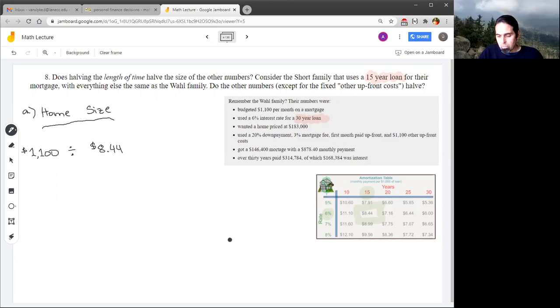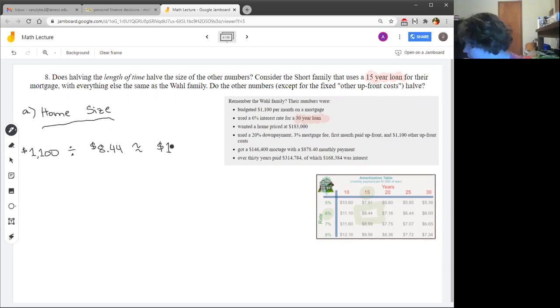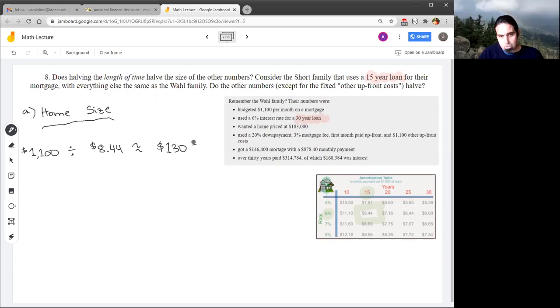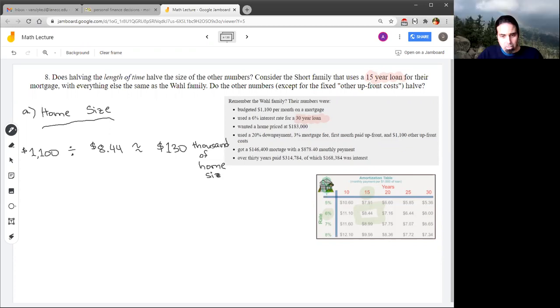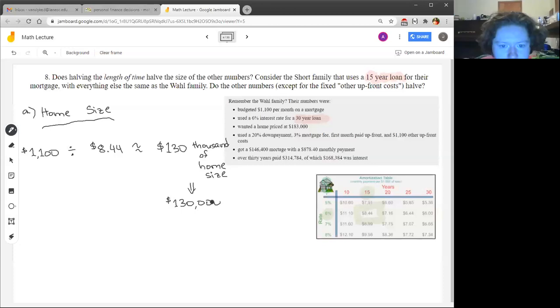So we get roughly about 130,000. Again, we don't like labeling things with the word 1,000. We are math people. We would much rather write it as 130,000 of home size.